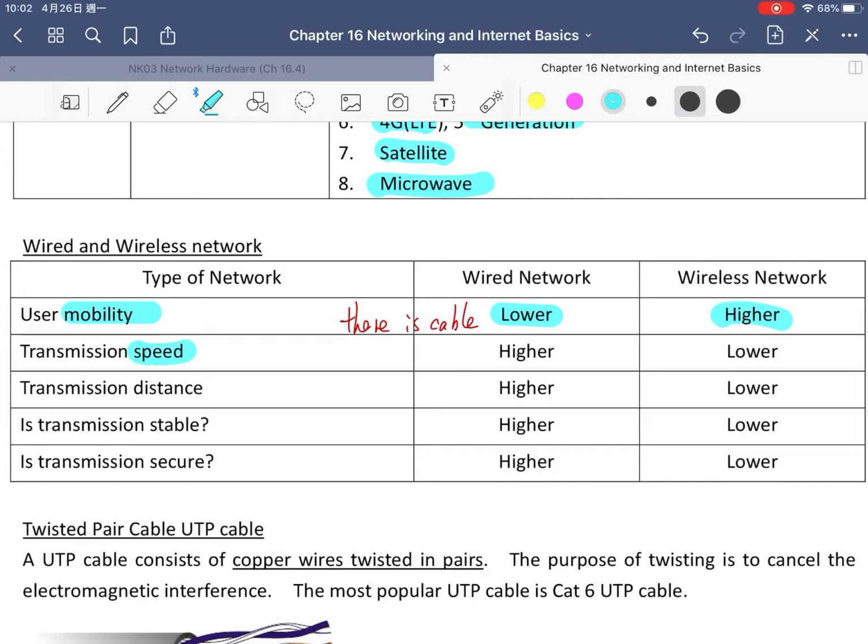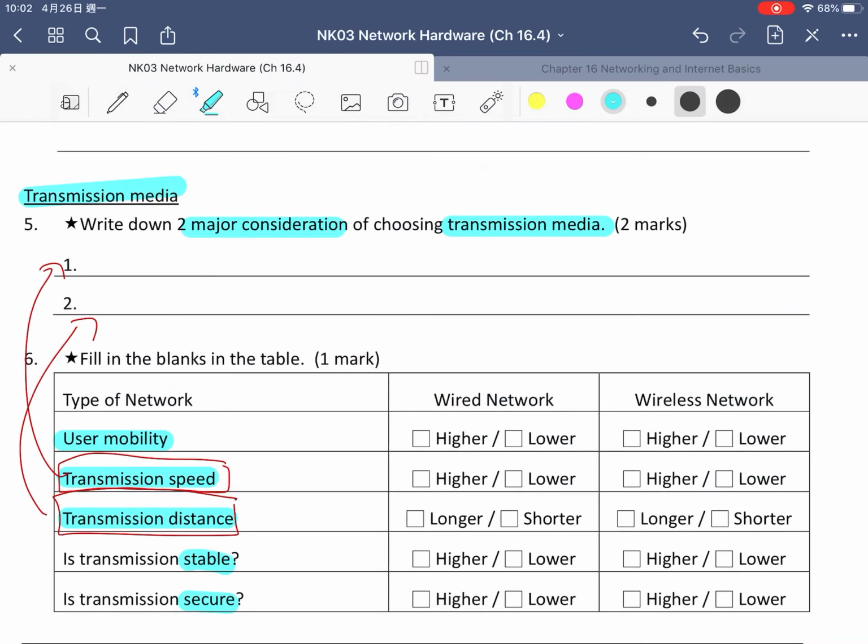And then for the speed, wired is higher because the interference is less than the wireless, and lower for the wireless network. Distance, wired is longer, wireless is shorter. Stable, wired is higher, wireless is lower. Security, it should be higher, and then this one is lower. So student, you can complete this table yourself.